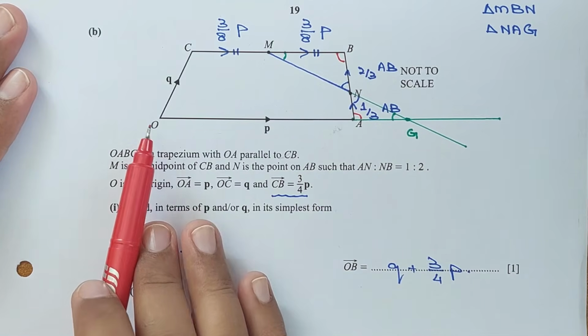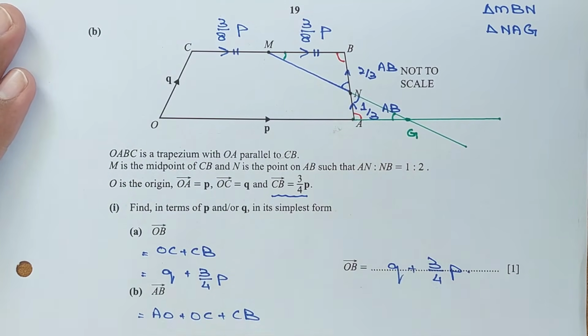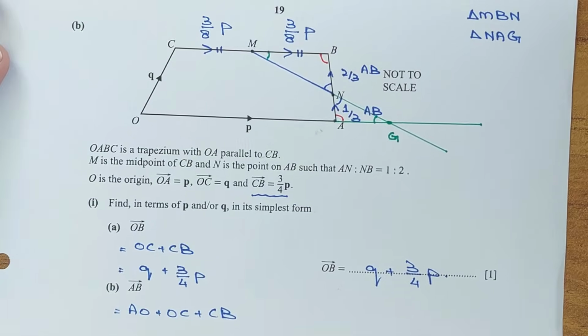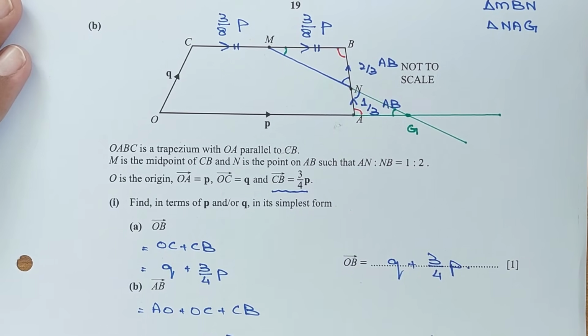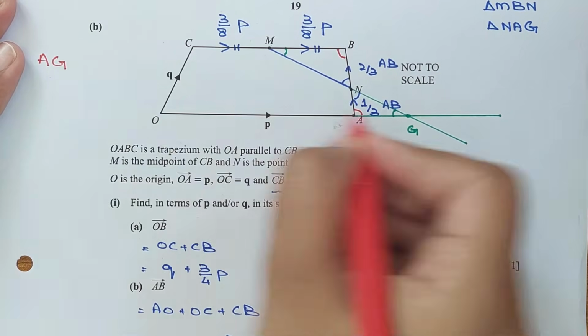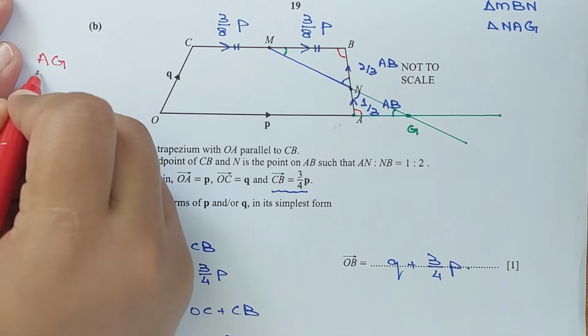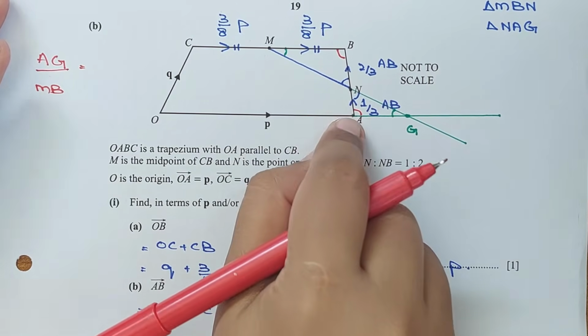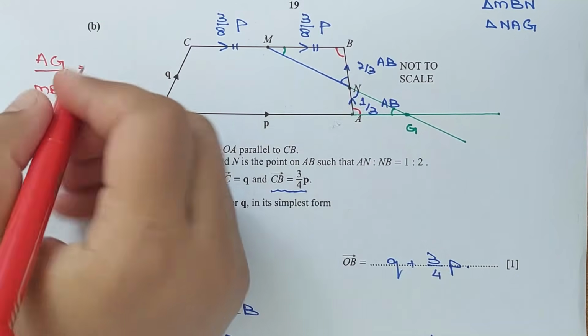OG. OG is basically O to A and A to G, right? So I can rewrite OG as OA plus AG. OA is P. What is AG? We have to solve for AG by using the concept of similarity. AG over MB is equal to AN over NB.